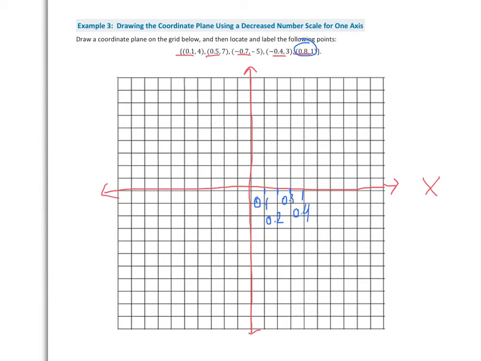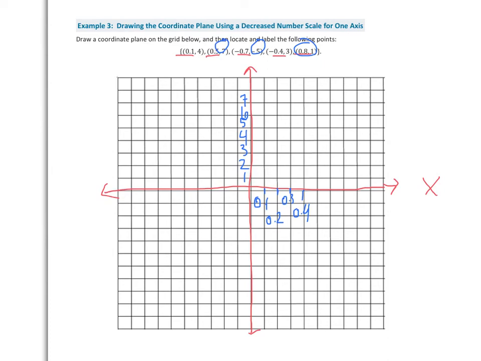And then the y-axis needs to at least go up to 7 and down to -5. So I'll just keep the scale for that at 1 to 1. So then I've got 1, 2, 3, 4, 5, 6, 7. All right, nice and neatly labeled.